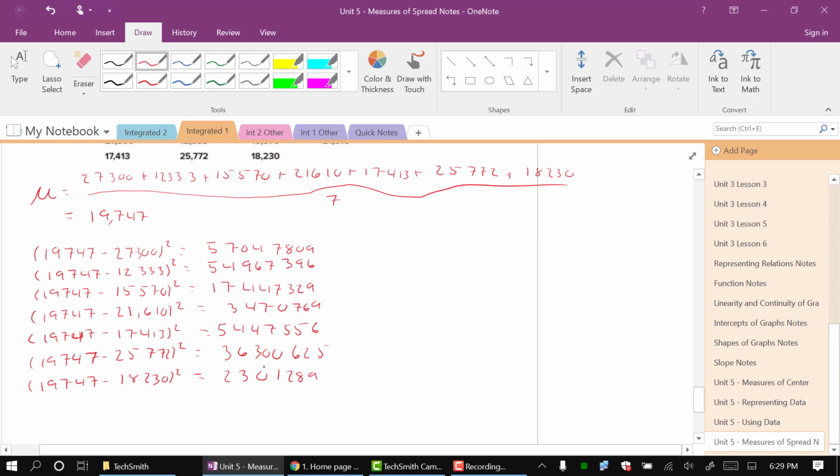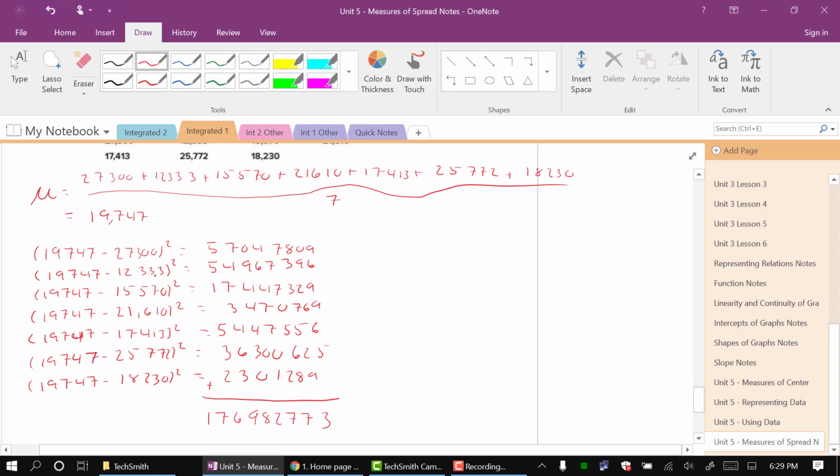So there's all the squares of them. Now I'm going to add all these up. When I add all these up, I get 176,982,773.